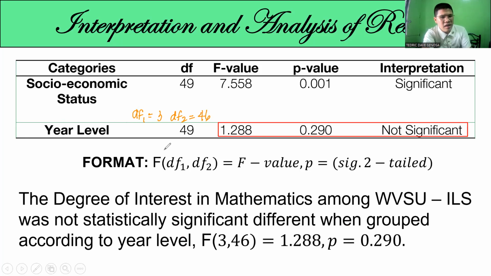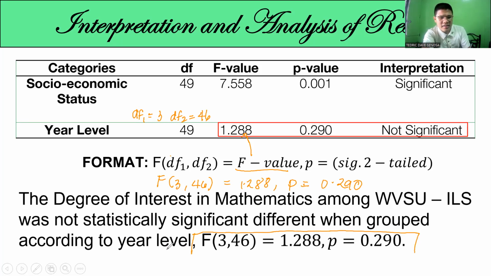There is a format on how to interpret F. Of course, DF1 is 3, this is 46, and this one will come here. P is this one, 0.290. That will be the ending of your statement.